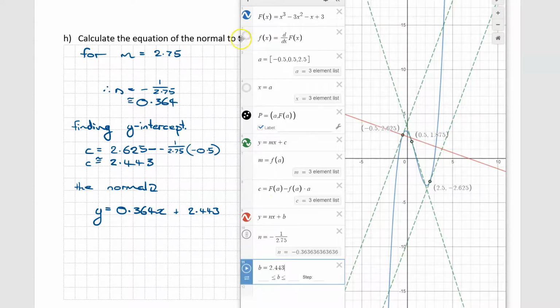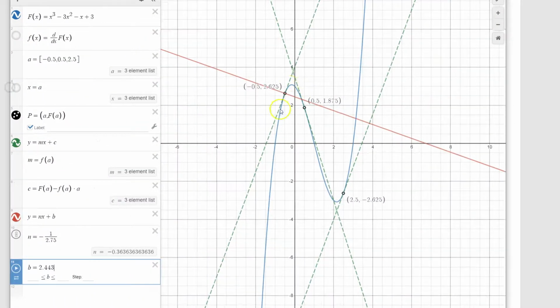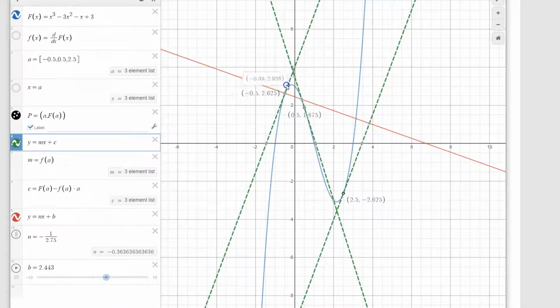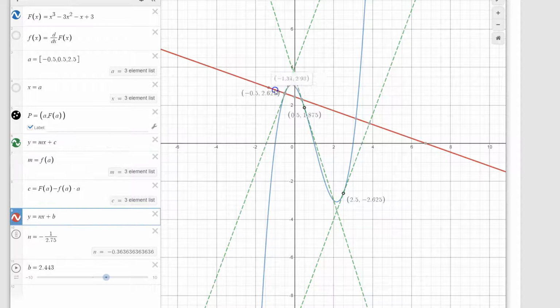And lo and behold, as we can see, this red line cuts the green line at exactly 90 degrees, so this is the correct calculation for the normal to the tangent at negative 0.5.